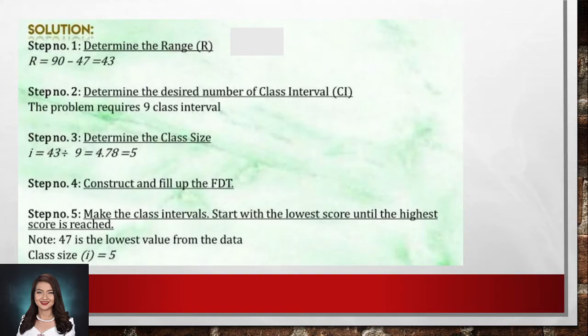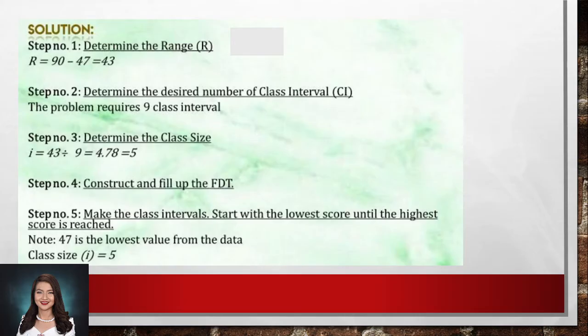In step 2, we're going to determine the desired number of class intervals. The problem requires 9 class intervals. Step 3, we're going to determine the class size. Our class size is equal to 43 divided by the number of class intervals, which is 9. 43 divided by 9, we get 4.78 or 5.